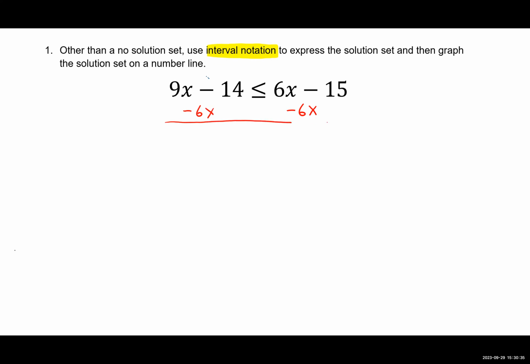If we subtract 6x from both sides, that cancels off the x's on the right. So positive 6x, negative 6x cancel, leaving us only x on the left-hand side. So we have 3x, 9x minus 6x. We've still got a minus 14 is less than or equal to a negative 15.